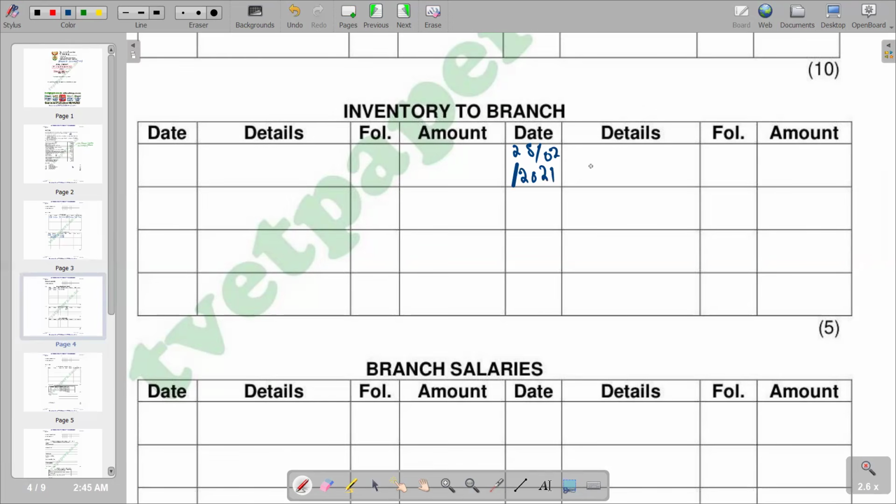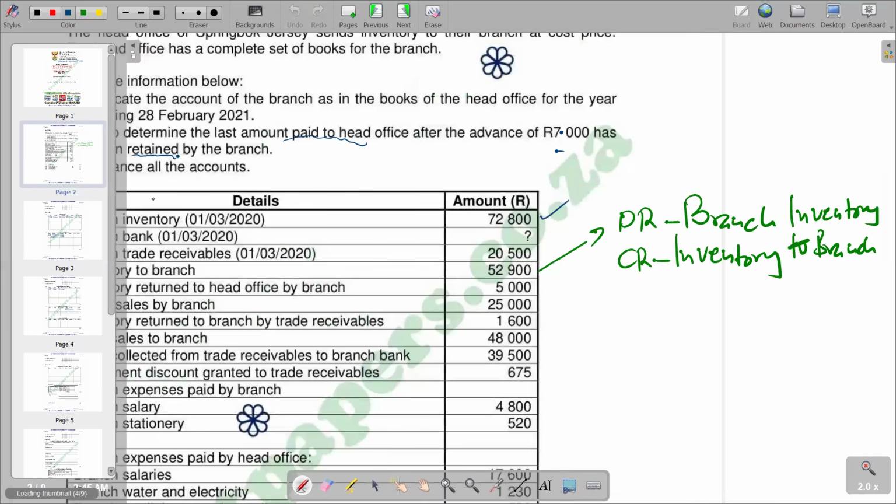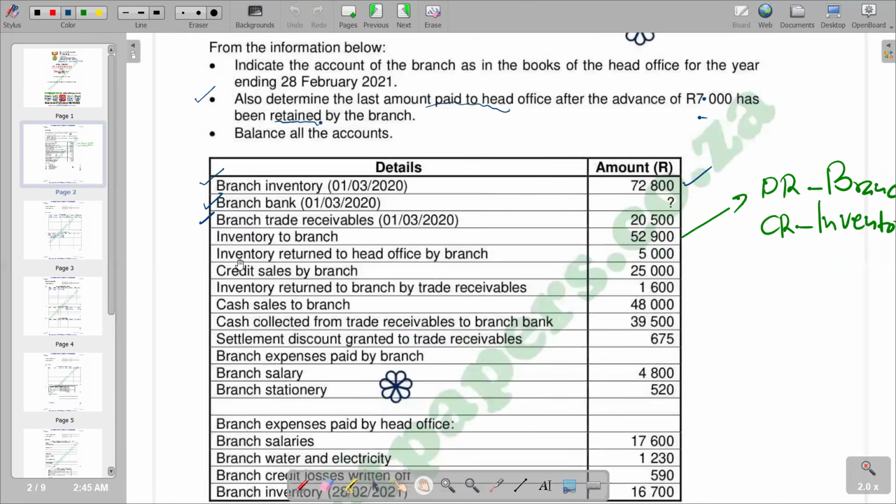And we are seeing it's coming from branch inventory. So we can just complete there. And our amount is 52,900.